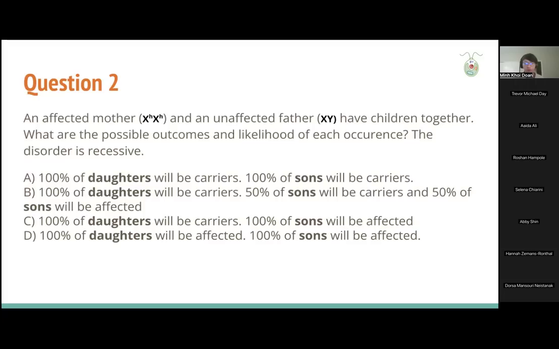This means that all of the daughters will be carriers. So 100% of the daughters will be carriers. However, 100% of the sons will only have one affected X chromosome, which means that all of the sons will be affected. This is because they are XY instead of XX. Next question, please.